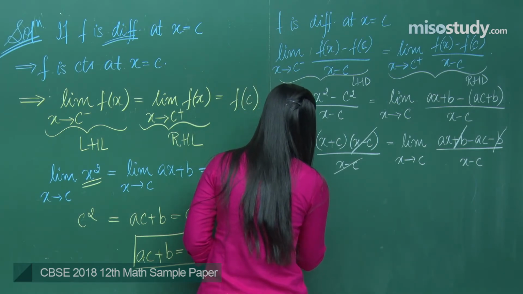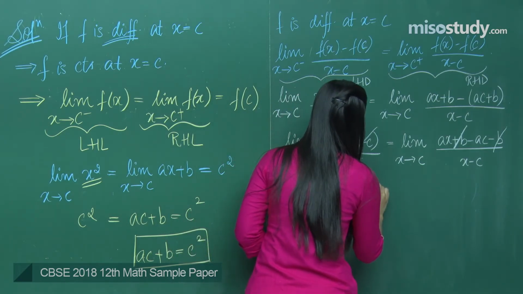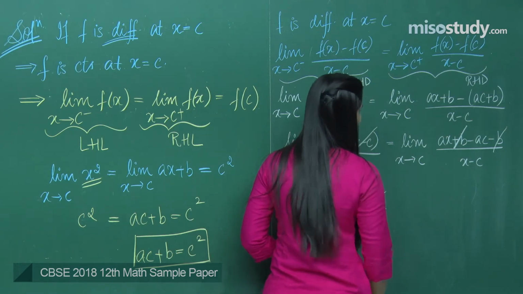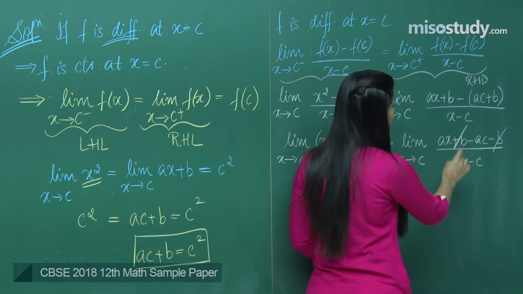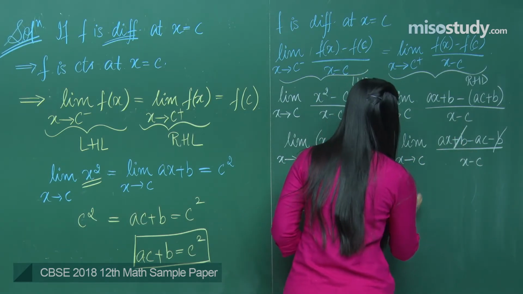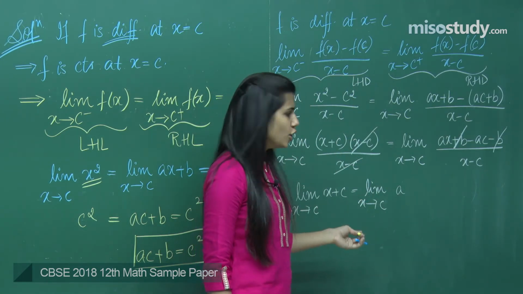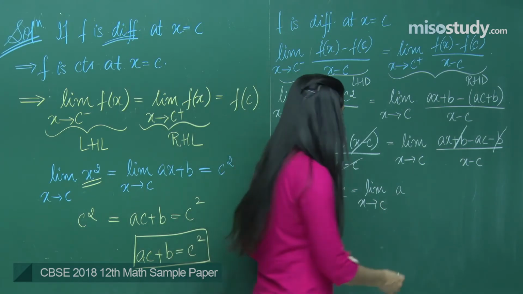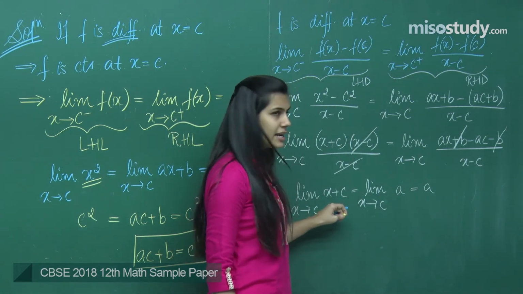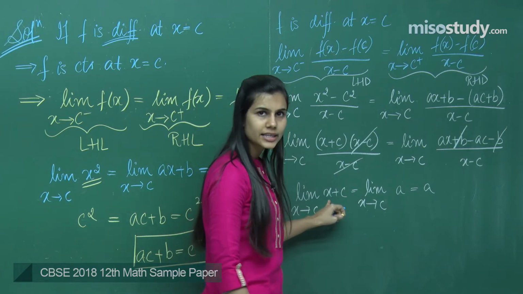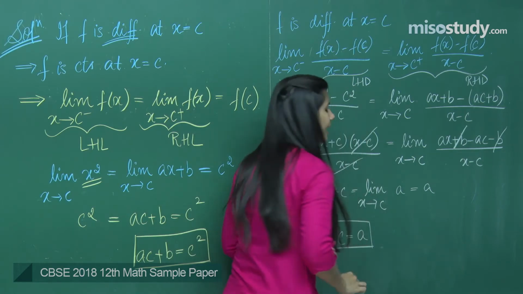So you get limit x tends to c, x plus c, equals limit x tends to c, a common x minus c inside the braces, but that x minus c and the denominator x minus c get cancelled, so you just get a. And a is a constant, no x is there in the expression. So limit x tends to c of a constant term is that constant term. And limit x tends to c, x plus c, which is again a polynomial, you just plug in x equal to c, you get 2c. 2c is equal to a.